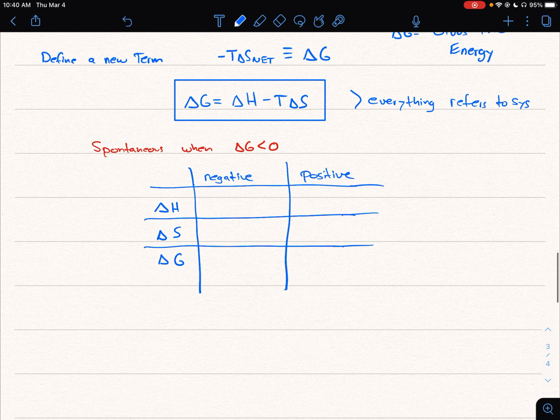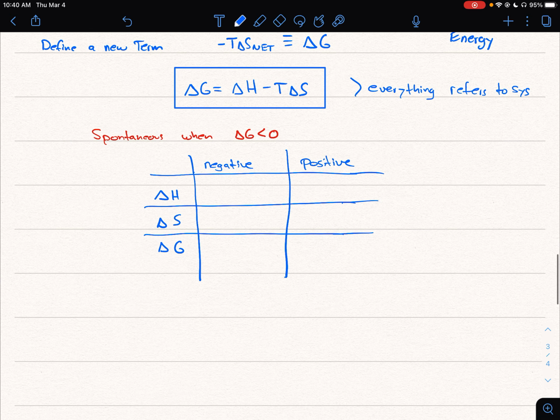If delta H is negative, that means it's an exothermic reaction, and that's a favorable process. We're going to use the word favorable. When it's a positive delta H, that's an endothermic reaction, and that's unfavorable.